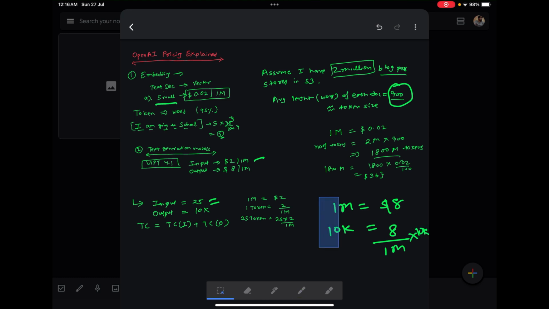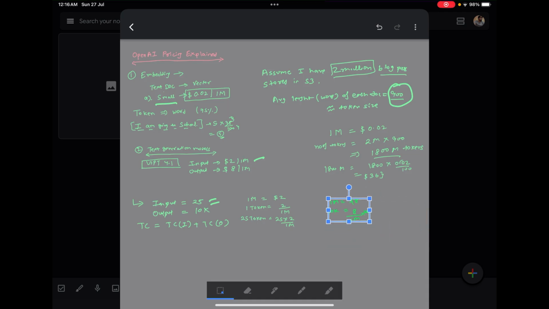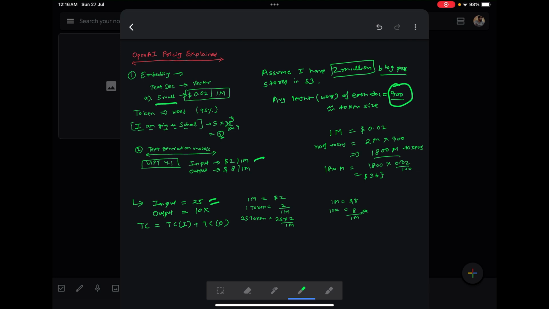Now let's calculate the total cost. Total cost will be the total cost of inputs, which is 25 multiplied by 2 divided by 1 million, and I'm writing this from here, plus 8 multiplied by 10k divided by 1 million.